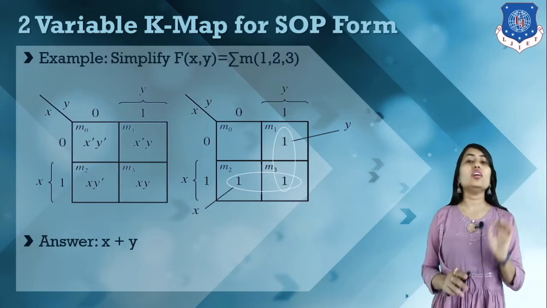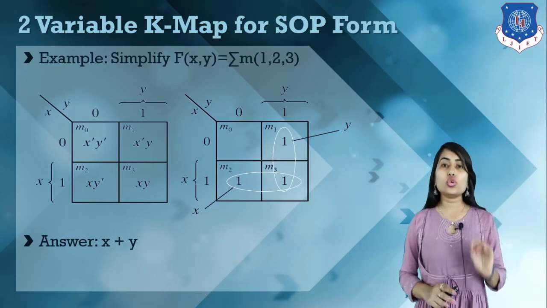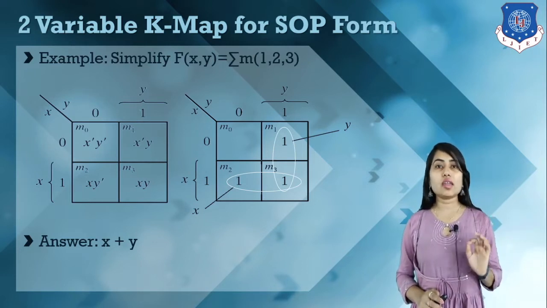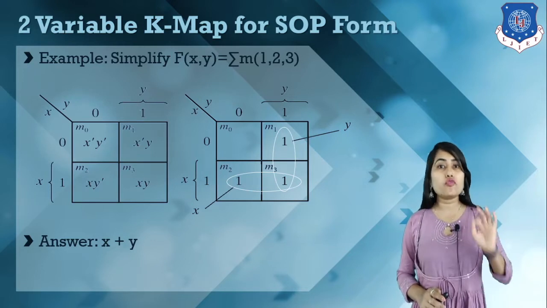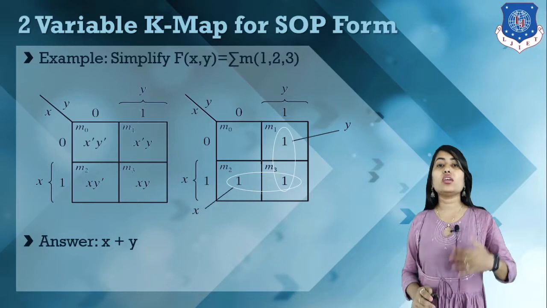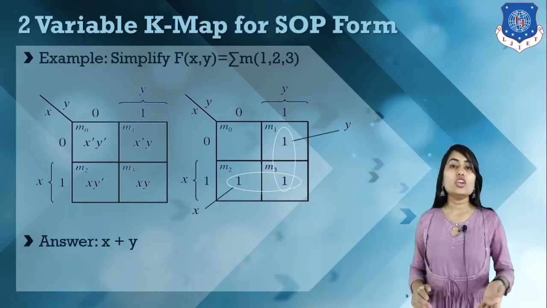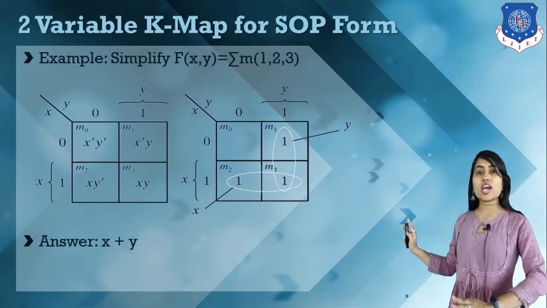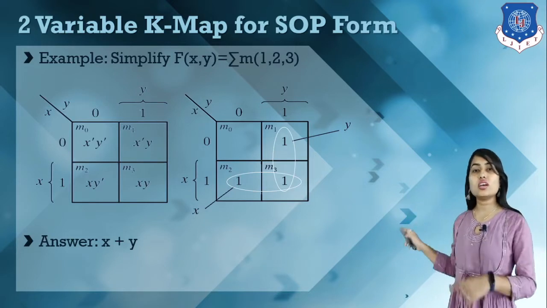Here we have 4 squares, so we have to make groups in powers of 2. We make the maximum group of 4 first, then a group of 2, then a group of 1. A group of 4 is not possible, so we try for a group of 2. Yes, here we can make a group of 2.